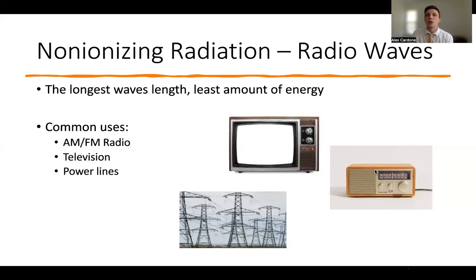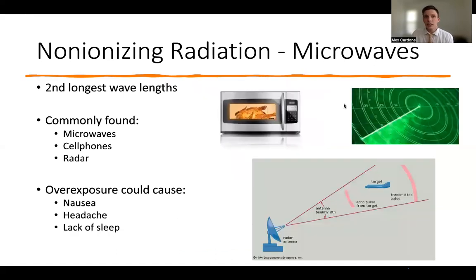We use radio waves all the time. Very similar are microwaves. This is the second longest wavelength, commonly found in microwaves, very aptly named, as well as cell phones and radar. One of the interesting things is radar, which has a little more energy than radio waves.